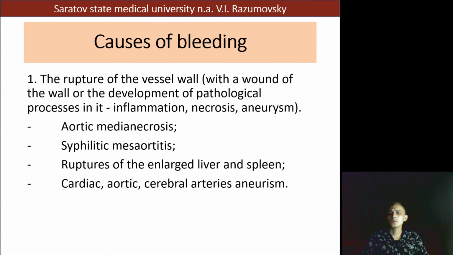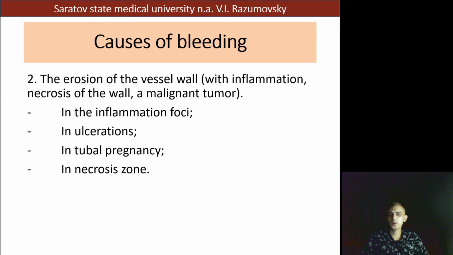The second cause is the erosion of the vessel wall. Most often it is associated with inflammation and malignant tumor. So, an area of erosion we may find in ulceration, in inflammatory foci, in tubal pregnancy, in necrotic zones.